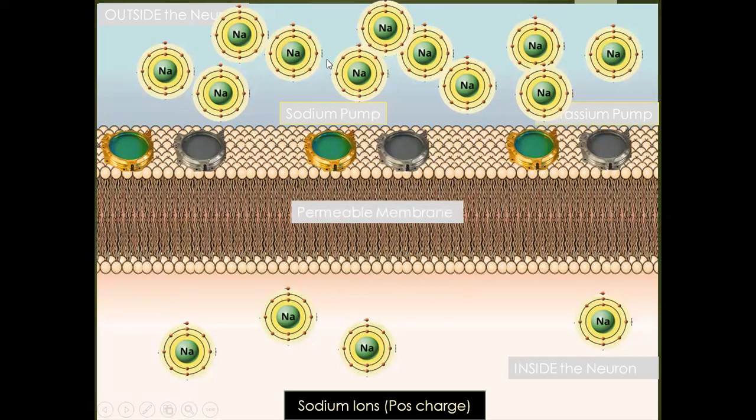Notice that there are really 2 things that we need to be concerned with. First is that the sodium ion is positively charged. Every single one of these ions carries with it a positive charge. That's point 1. Second point, and as I'm populating this, I'm trying to make sure I cover all the points that are important to know: notice that there are a lot more sodium ions outside the cellular membrane in comparison to within the membrane.